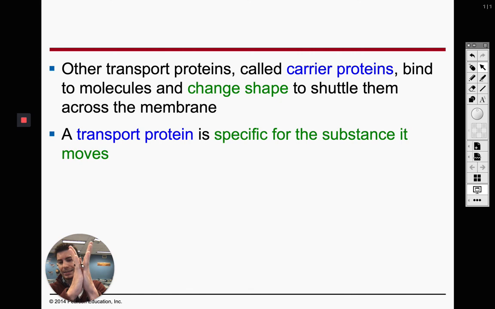So if this is outside of the cell, and we just dropped my pencil into my protein from the outside of the cell, what will happen is it'll close on this side and open on the other side, allowing the pencil to come into the cell. Easy enough. Sorry for the noise. But that's the difference between a channel protein and a carrier protein. Channel proteins are just one pathway right through. Carrier proteins change their shape in order to let something into or out of the cell.